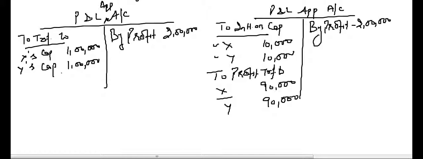Now what? One alternative is you open all the account books and change the entries at single point. Right? But that becomes a very tedious job. You will have to change all the books. Wastage of time. Now what they will do is, they will pass one single journal entry through the partners' capital accounts and they will rectify the problem. How?